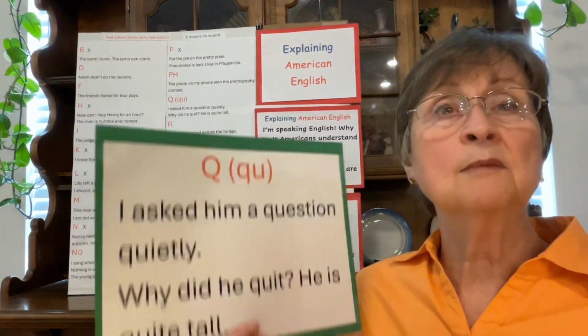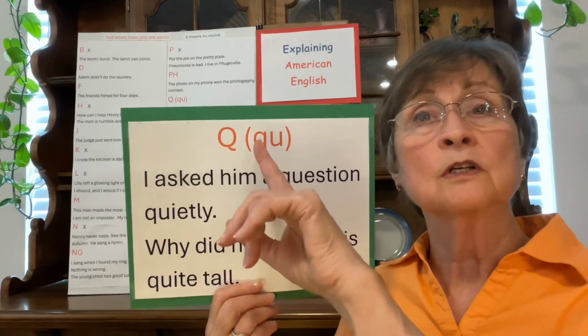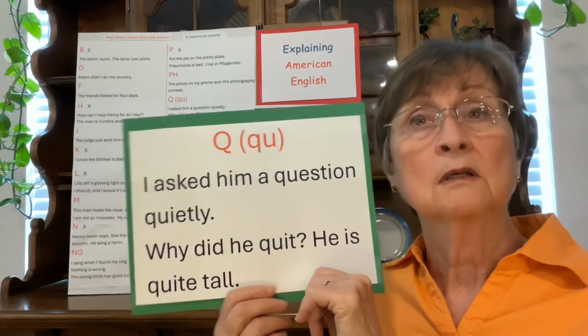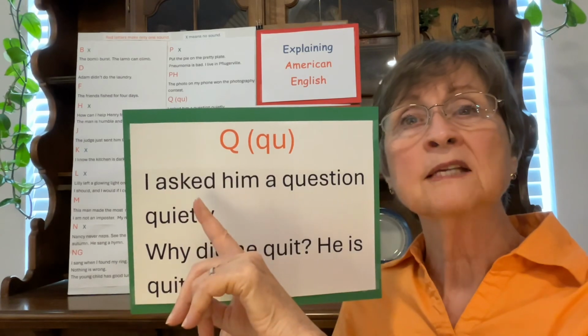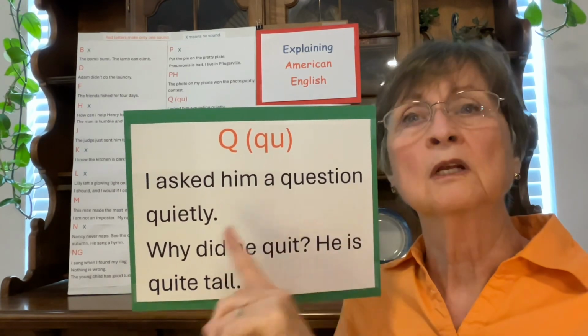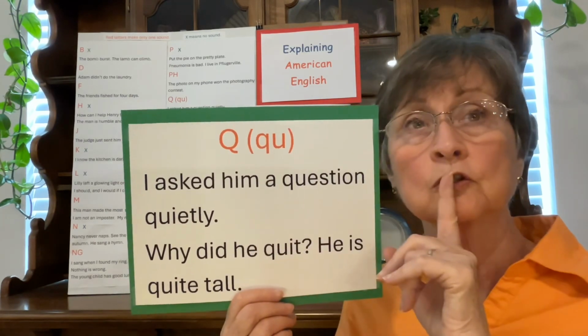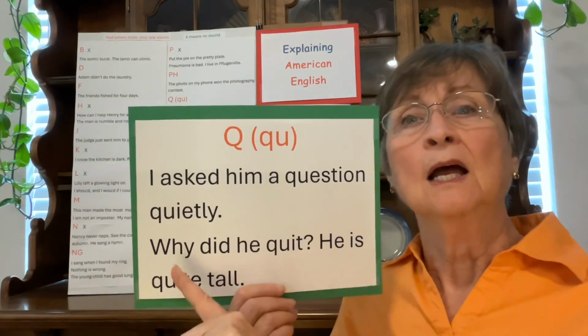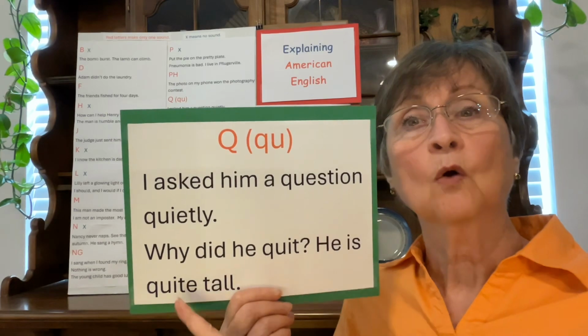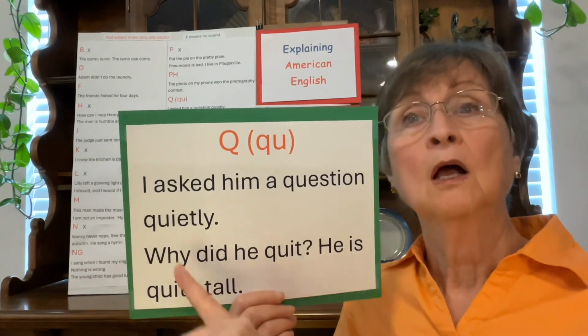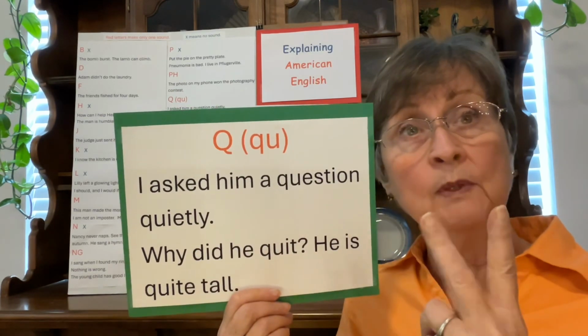Letter Q has the same sound. In English, it usually has a U after it, but it's the same K. I asked him a question quietly. Shh, quietly. Why did he quit? He is quite tall. Quiet, two beats.